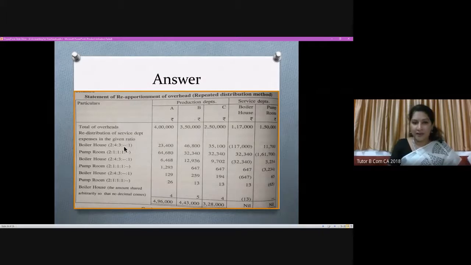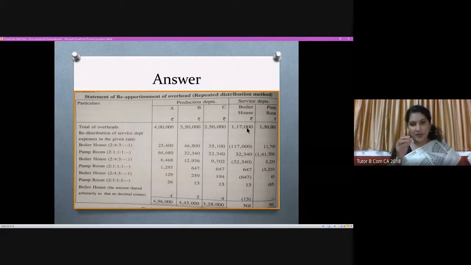So when I'm sharing the total expense, I can see that it is 1,17,000. The boiler house being a service department, the total expense as per primary distribution summary is 1,17,000. So I have to nullify that now. What am I going to do? I will put it as negative. The same thing you do in financial accounting also: when I put a figure in brackets, it indicates a negative figure.